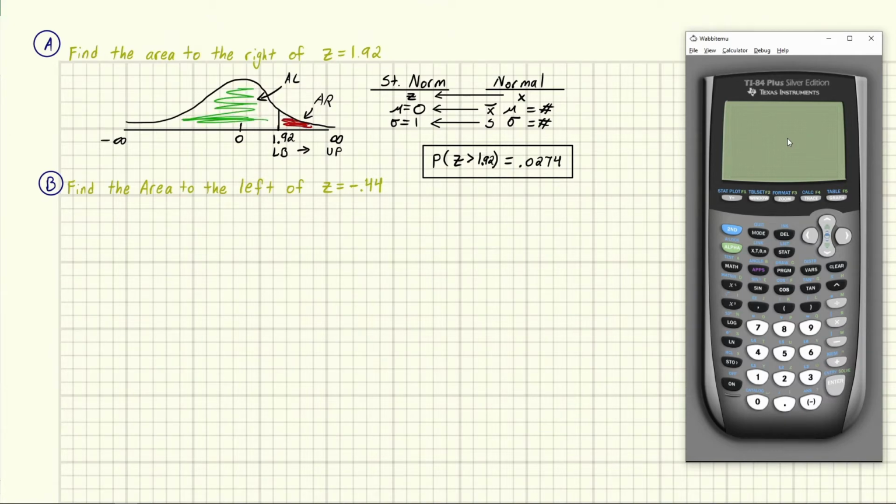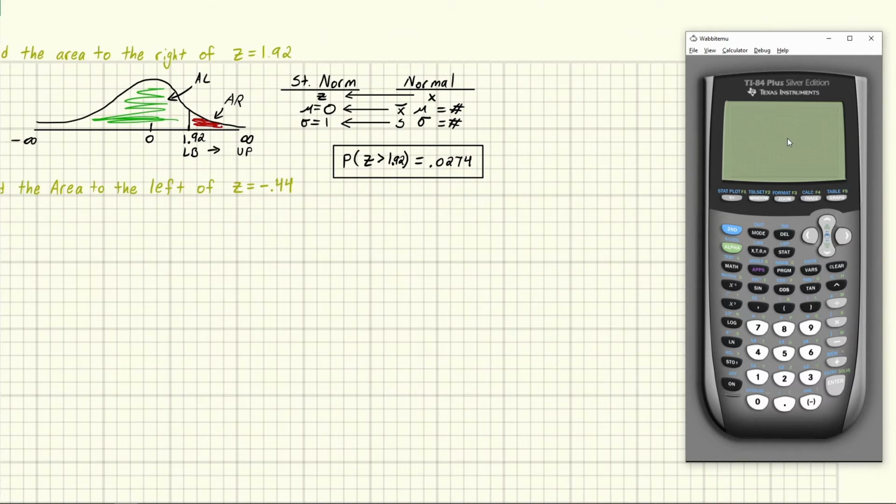And the area underneath this curve, even though it goes to negative infinity and positive infinity, is actually 1. You have to take Calc 2 if you want to understand why that's true, but it is true. And so we can say that 1 is equal to the area to the left plus the area to the right. And if we want area to the right, we just have to subtract area to the left from both sides, and we get 1 minus the area to the left is equal to area to the right.